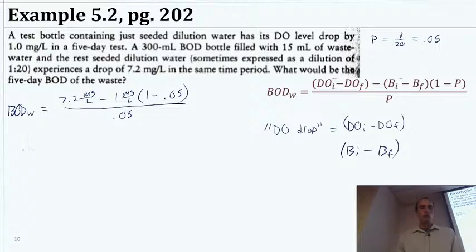So this should come out to be, so 7.2 minus, this will be 0.95 times 1 is 0.95. So that should be 6.25, is that right? 6.25, and then we can multiply that by 20. We take the 1 over 20 up to the top.